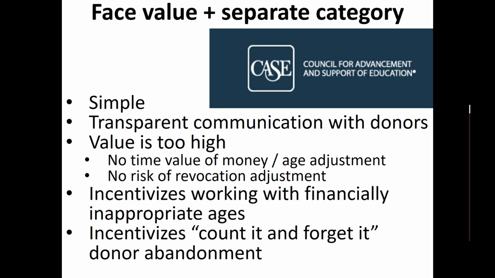So another approach is to simply use face value and call it in a separate category. Now, this is what CASE uses, the Council for Advancement Support of Education. CASE is the fundraising professional group for education, universities, colleges, and such.